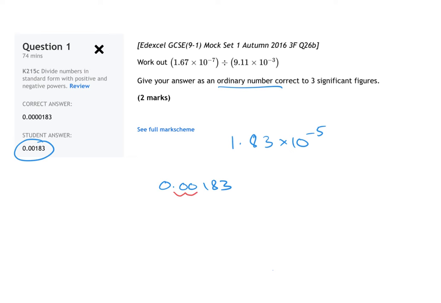Well, we've gone 1, 2, 3 positions on this number. What the student has probably done is gone for 5, thinking that's 5 there. So clearly that's wrong. And the correct answer would be, as you can see on the top left there, 0.00000183. My little check, how far are we from the decimal position? 1, 2, 3, 4, 5. So that matches, so that would be the correct answer.